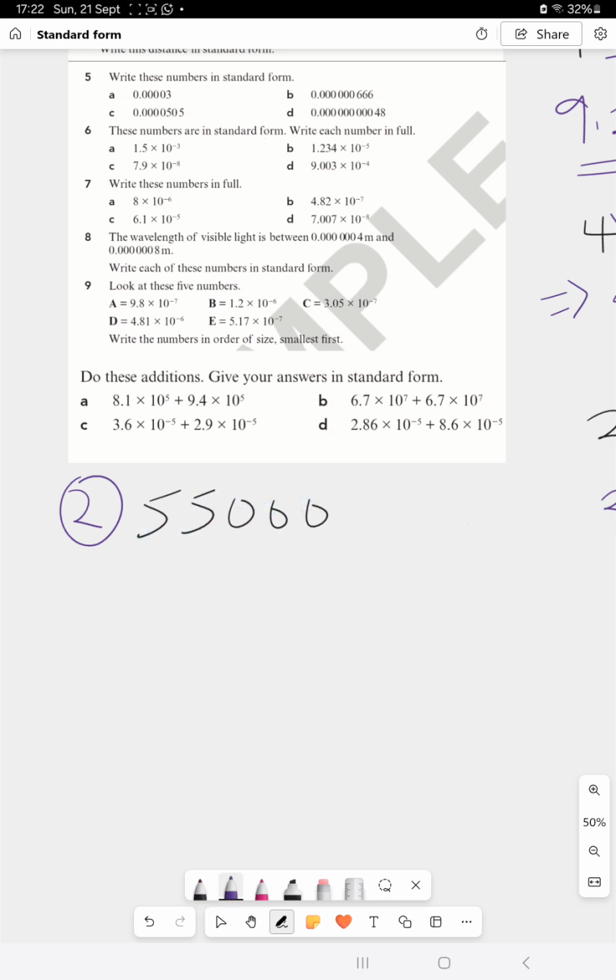Now, again, we are shifting this decimal from this point to this point here. And therefore, it will be 5.5 times 10 raised to 1, 2, 3, 4. Power 4. Then, go to the other question.